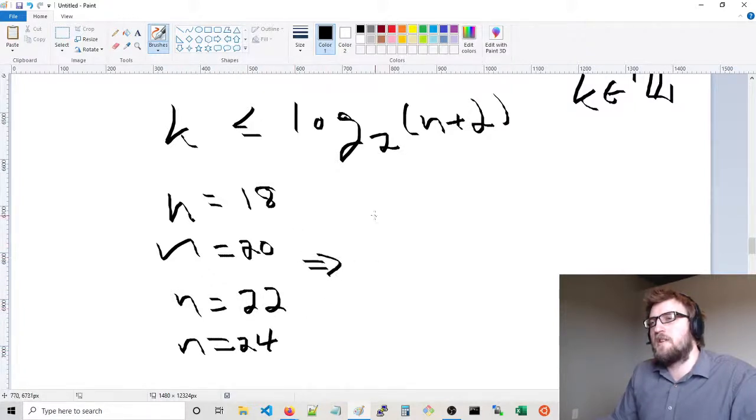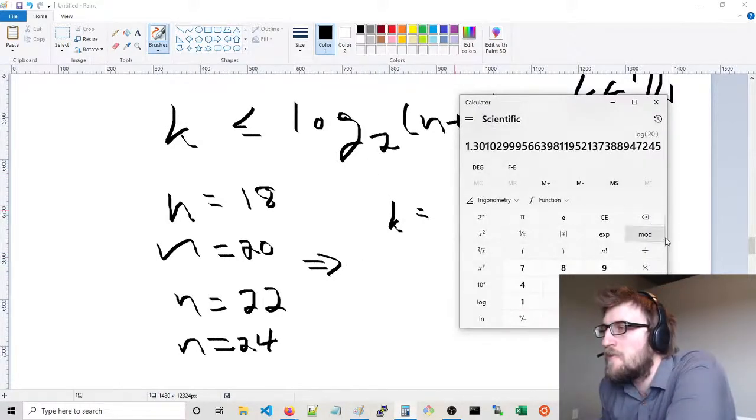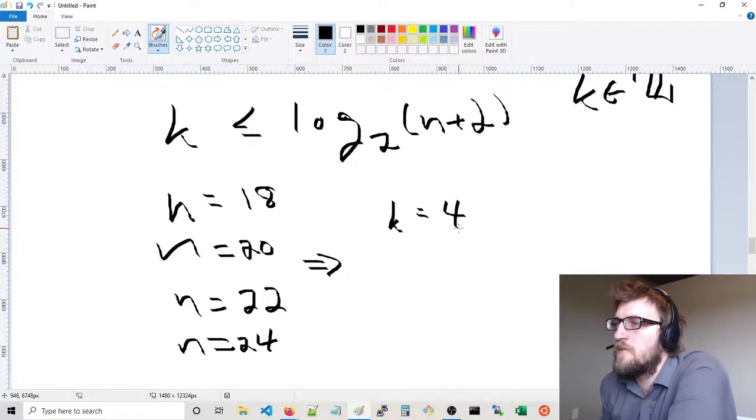That implies that k has got to be log base 2 of 20, which is 4. It's got to be less than that.